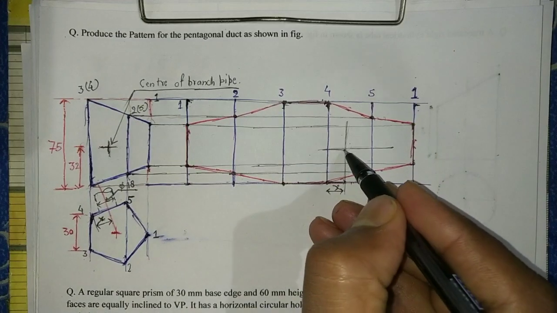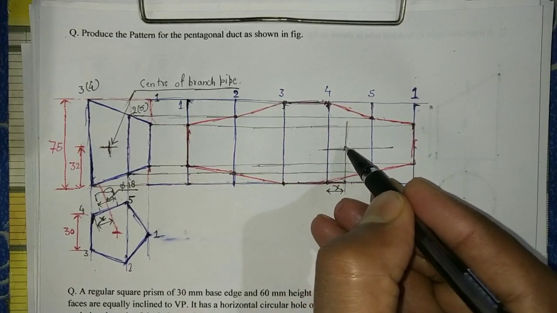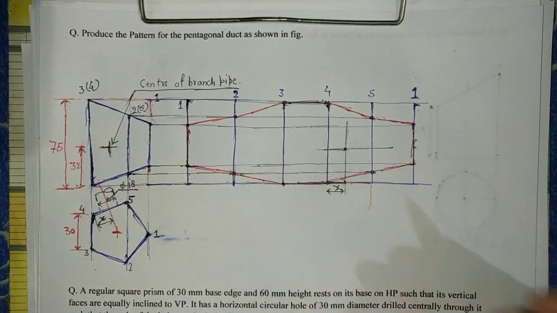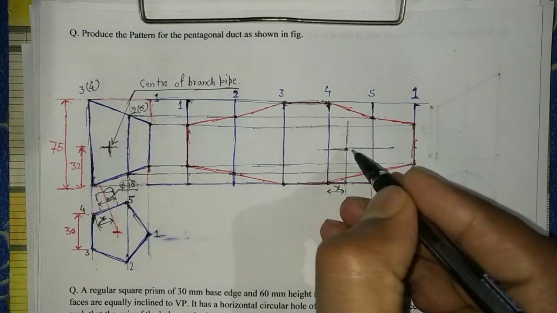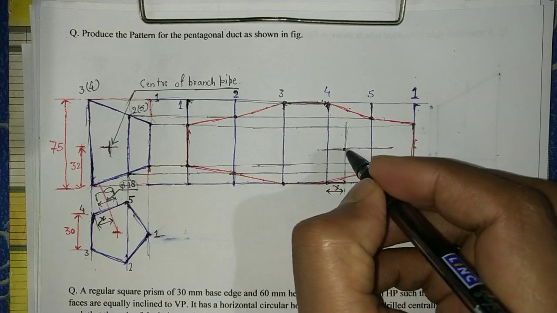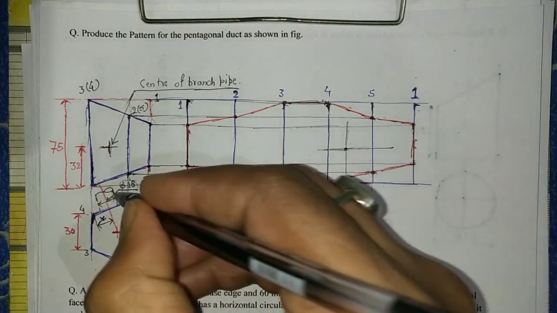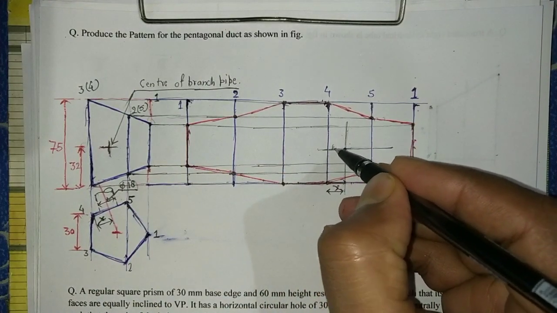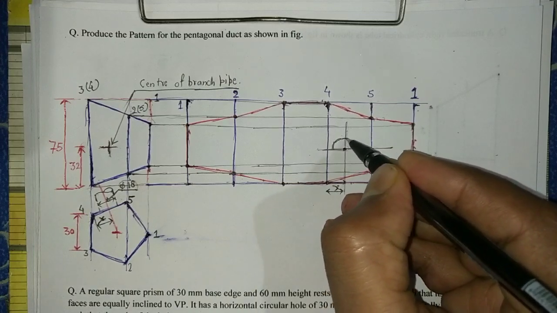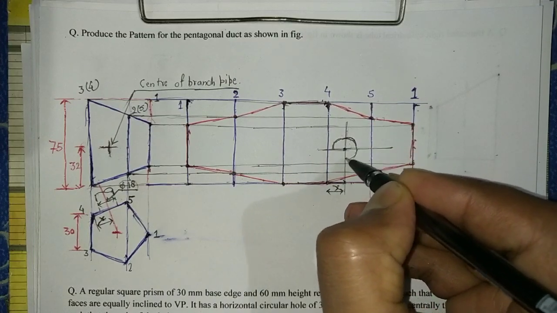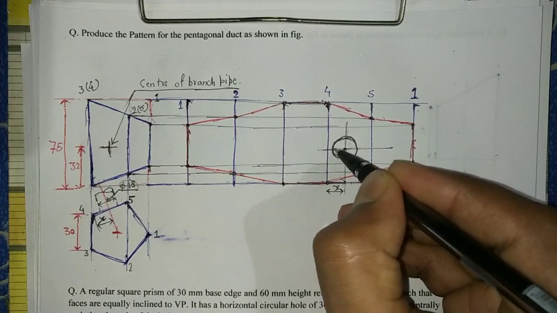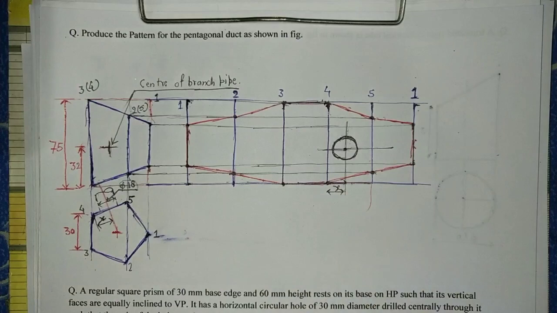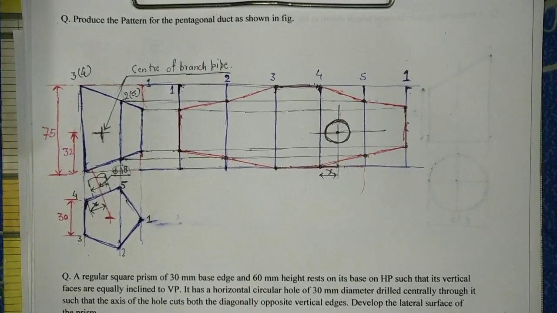Where both lines intersect is the center of the circle. The diameter of the circle is given, so considering this as the center, we draw the circle. That's it. Now we have completed the development of this pentagonal duct.